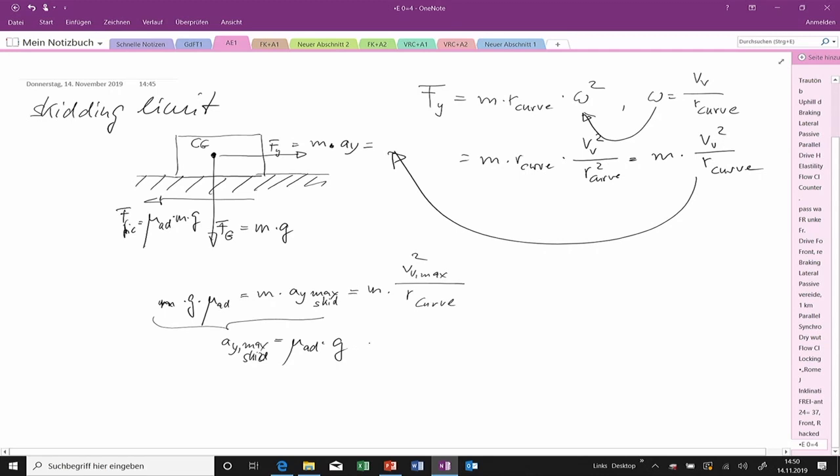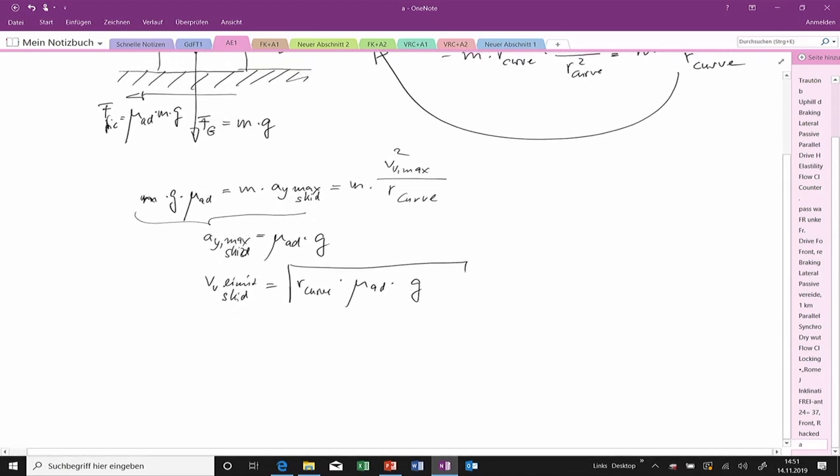And from the first one and the last one, we can get an expression for the maximum velocity of the vehicle. We call it here limit, and this is also skid. We need the square root: this is the curve radius times mu at times g. Again, the mass is cancelling out. So we have found two relations which are valid at the skidding limit.